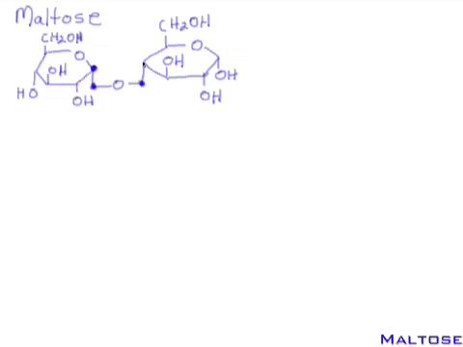It is hooked to the hydroxyl group, or what was the hydroxyl group, of the fourth carbon in the other sugar. Hence, this is an alpha 1,4 glycosidic linkage. Now, the other end, the other monosaccharide fragment, has a hemiacetal end.